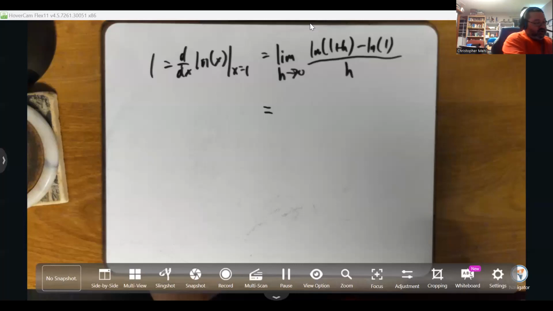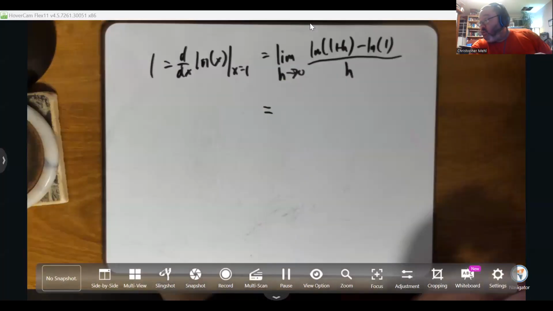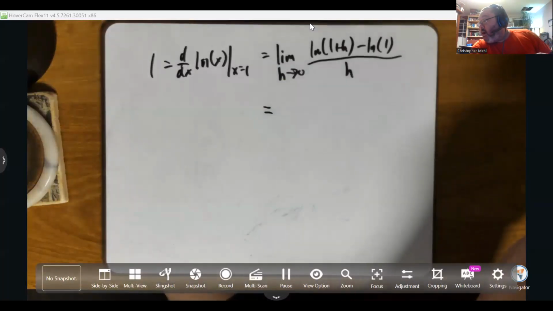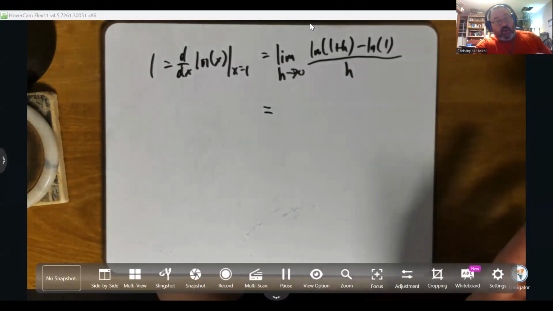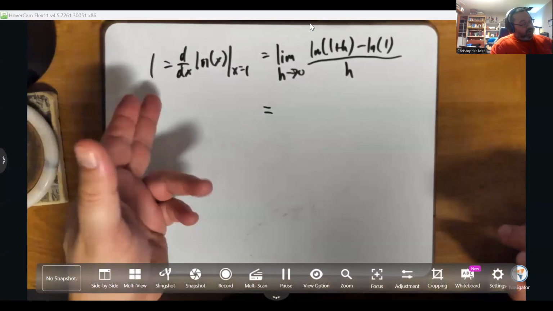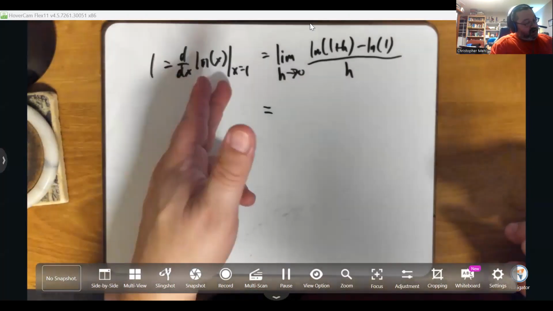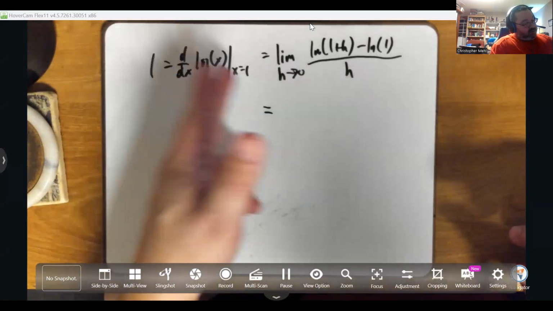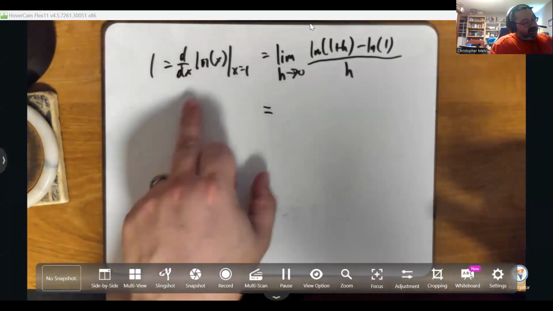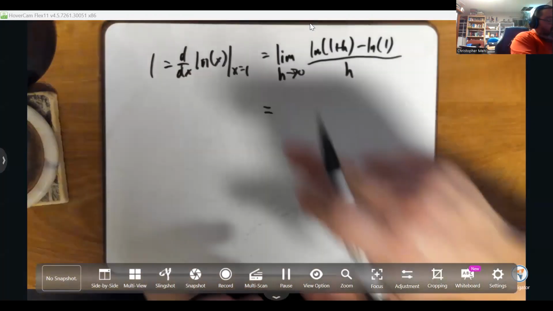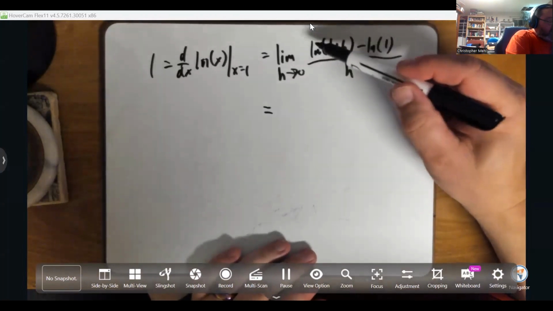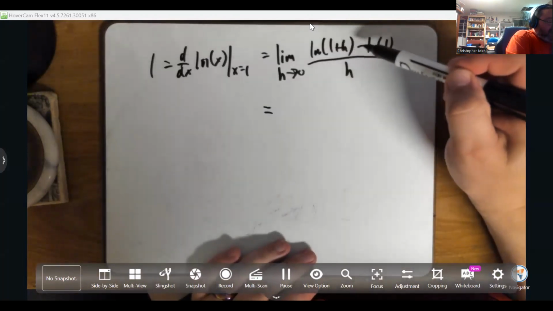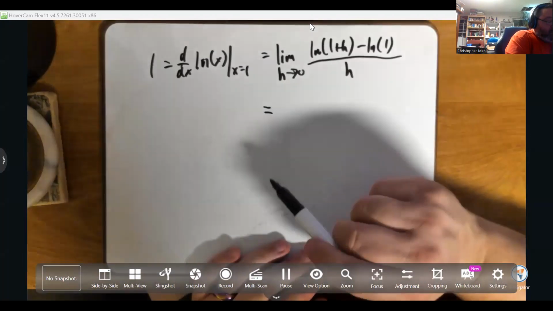By definition, the derivative of the natural log of x at x equals 1 should be 1. Now let's apply the definition of the derivative at x equals 1. That would be the limit as h goes to 0 of the natural log of 1 plus h minus the natural log of 1, over h.